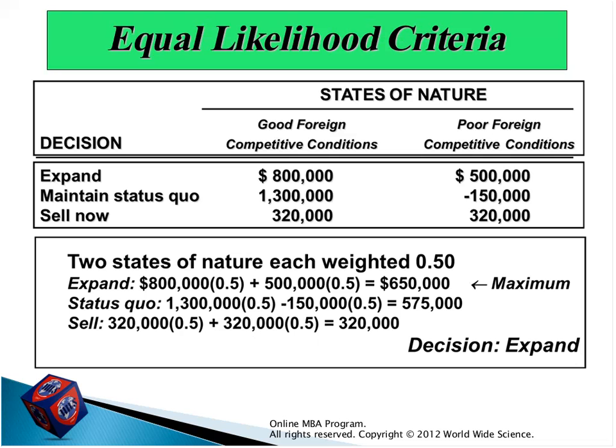We do the same for maintain and sell. If you see the slide, which number is the maximum among these numbers? Among 650,000, 575,000, and 320,000, 650,000 is the maximum. That belongs to the expand decision. So this method also tells you expand is the best.